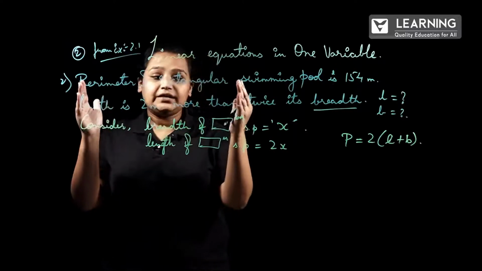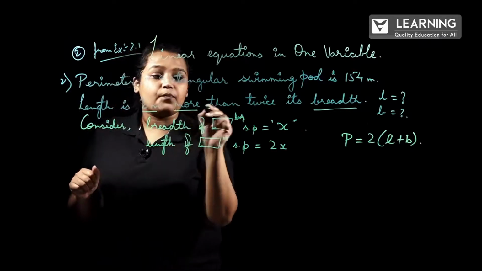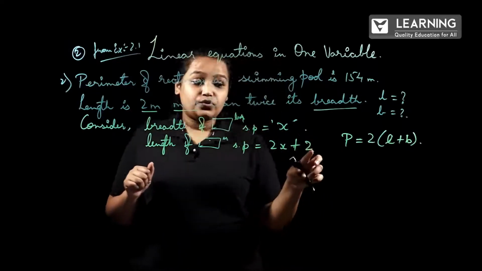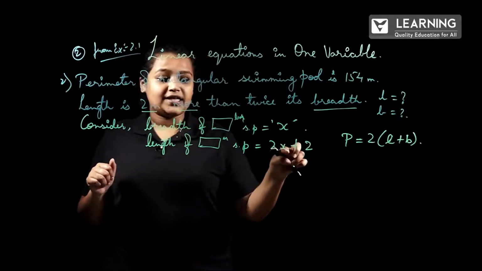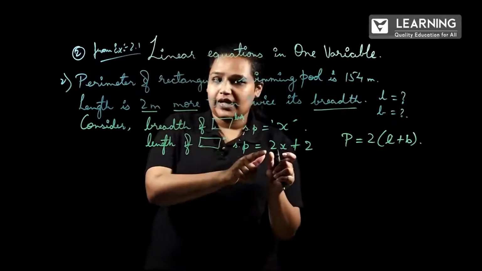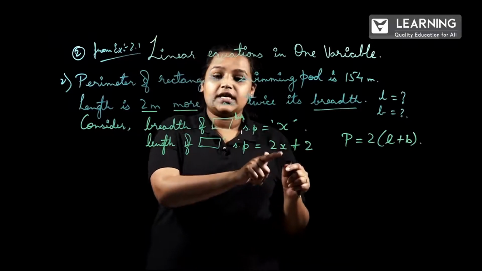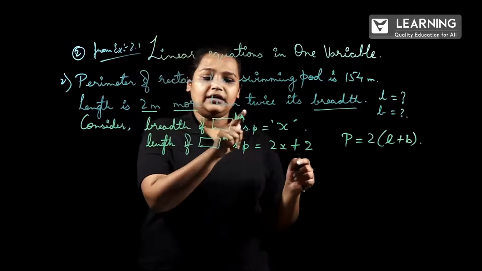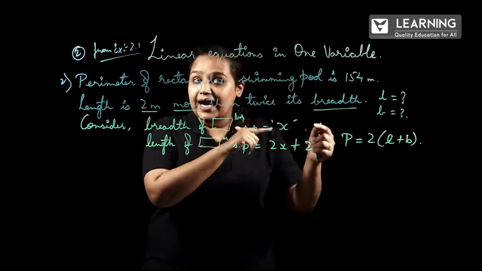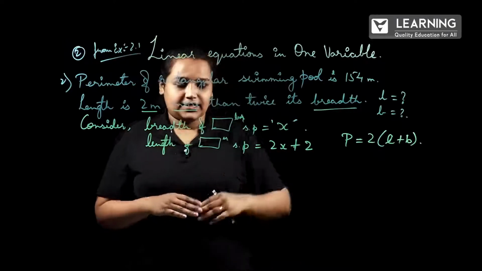Next, we'll come to the first half of the sentence: 2 meters more than twice its breadth. Twice its breadth is 2 times x, where x is nothing but the breadth. More than means we have to add it. When it is less than, subtract. More than, add it. Okay?